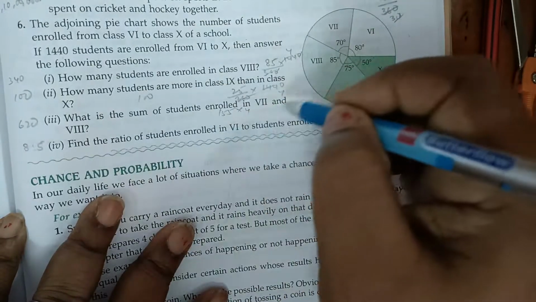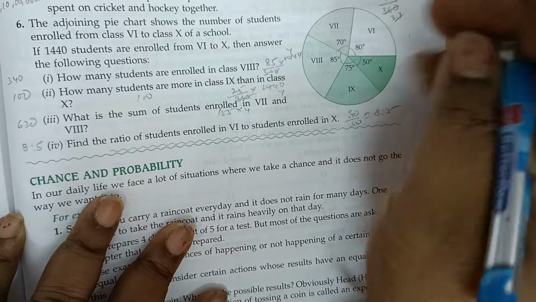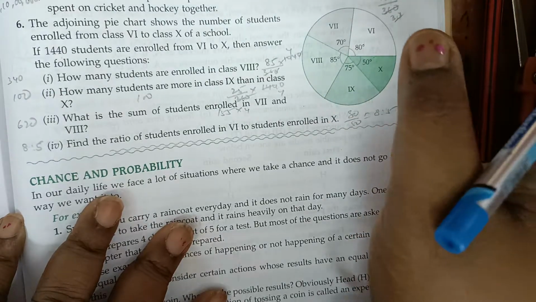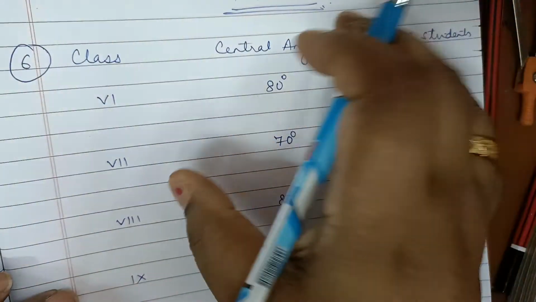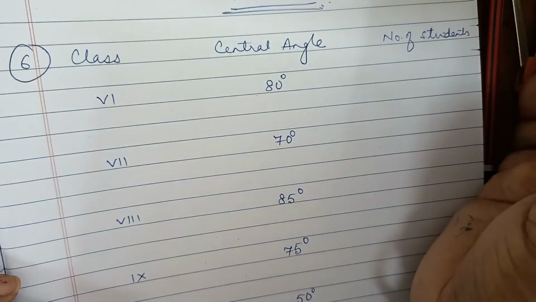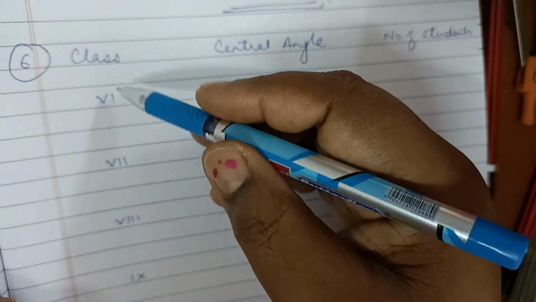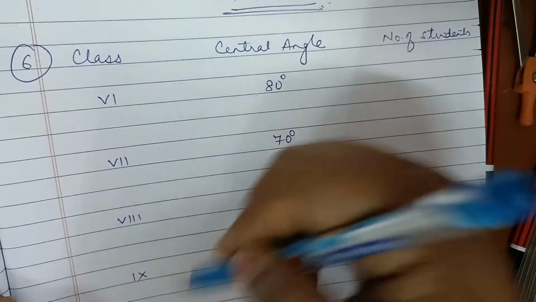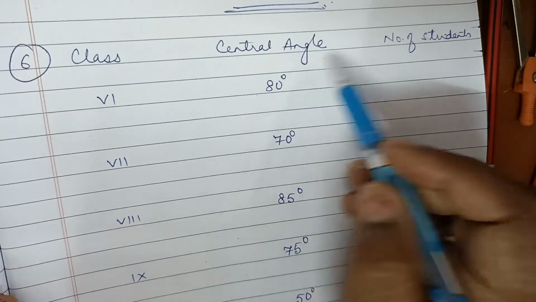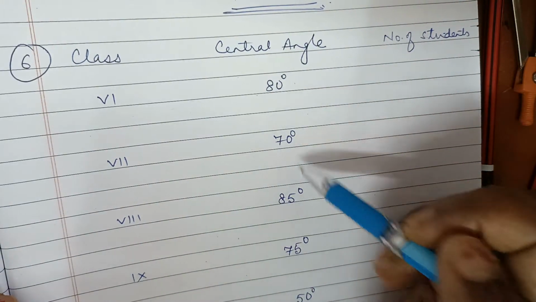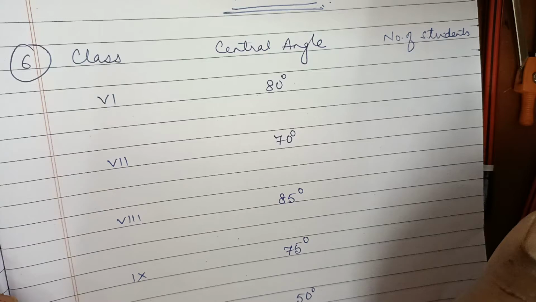To find the answers, we will first find the number of students in each class. We'll make a table from the pie chart information. In the first column we write the classes 6, 7, 8, 9, 10. Next is the central angle from the pie chart: 80, 70, 85, 75 and 50 degrees.